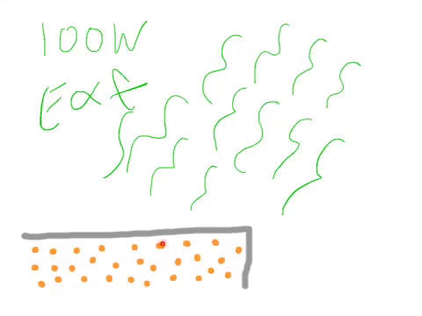We can get 100 watts just by shining lots and lots of these weak photons, but none of the photons have enough energy in themselves to cause the electrons to be liberated.